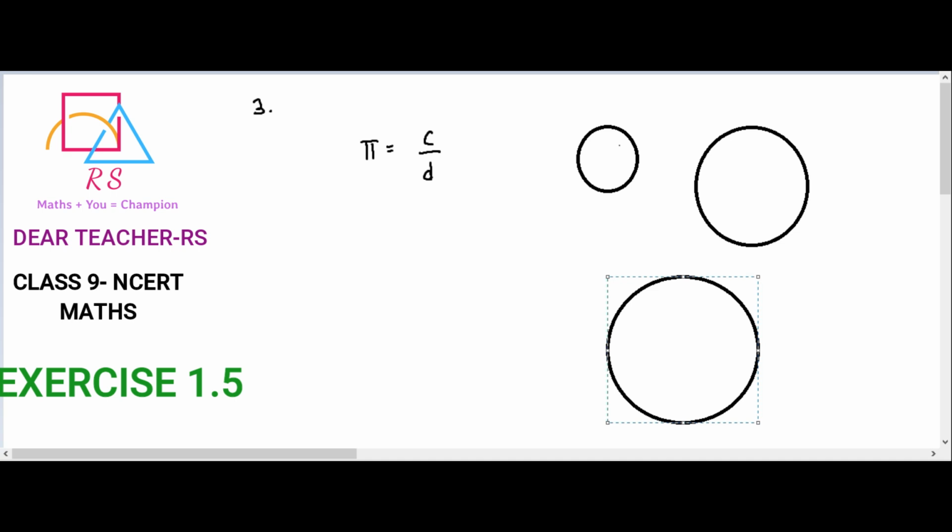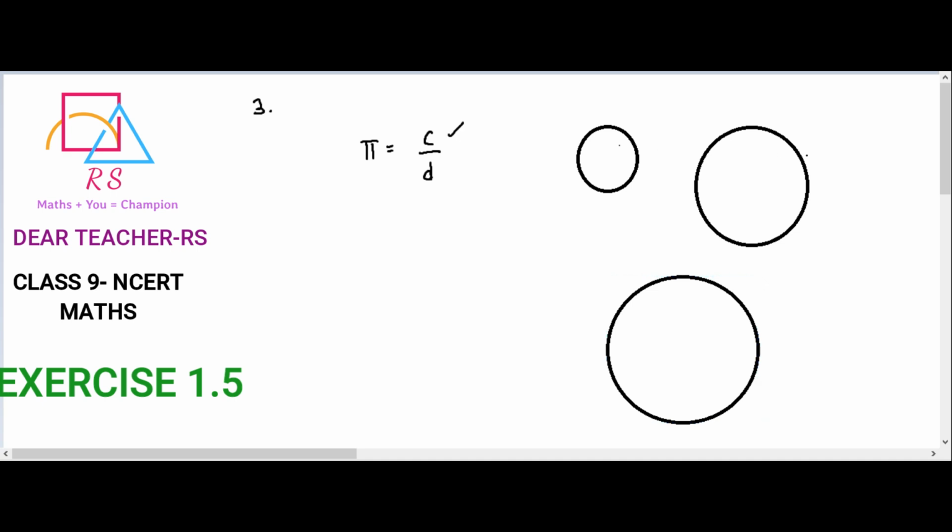All circumferences are measured using thread, because if you need to measure this entire curved circle, you need a scale, but a scale is straight. So they spread the thread, and the length of the thread is nothing but the circumference.